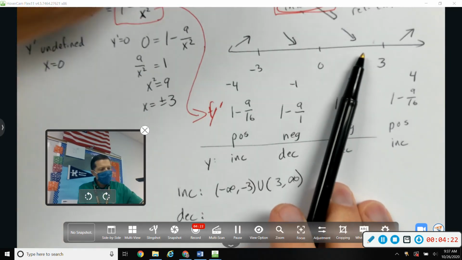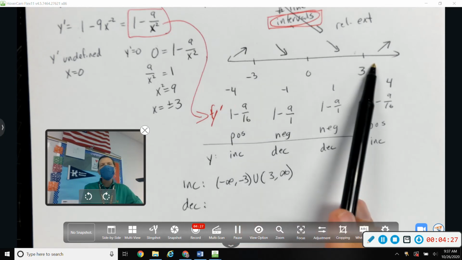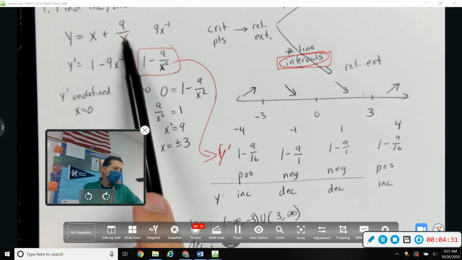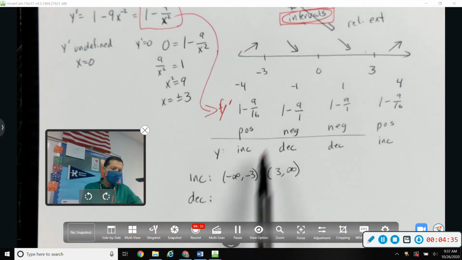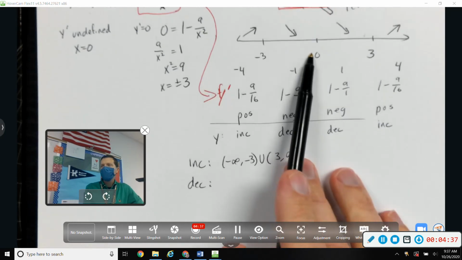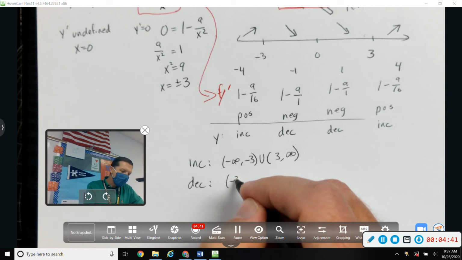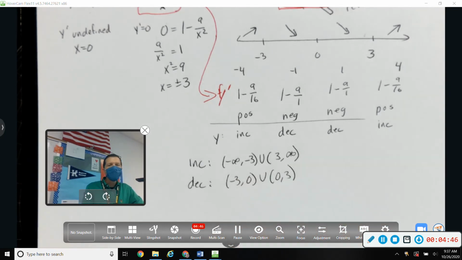For some problems, you could shortcut this and say, oh, it just decreases from negative 3 to 3. I don't want to say that because this thing wasn't even defined at 0. So I can't say it decreases from negative 3 to 3 because there's nothing happening at 0. So I think I'll just leave it as it is here. It decreases from negative 3 to 0 and from 0 to 3.